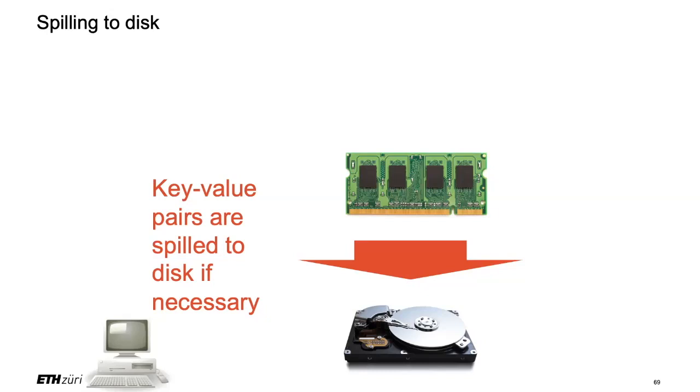You, in fact, sort them, but this is really just for efficiency, because if you sorted them, it's easier to do the shuffling later. So we flush them, sorted, to the disk. If we start having too many of these files, we can also compact them. Don't have to, but you can.